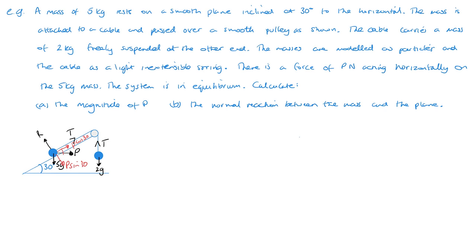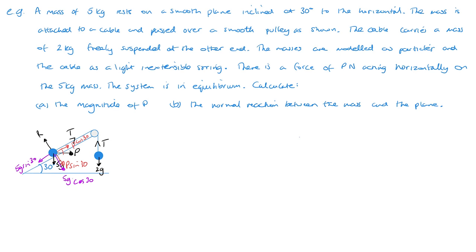And then looking at the 5g mass, this is going to be 5g sine 30. No, it's not. It's going to be cos 30, isn't it? And then down the slope would be 5g sine 30. Okay, so now I've got a lot of my information.